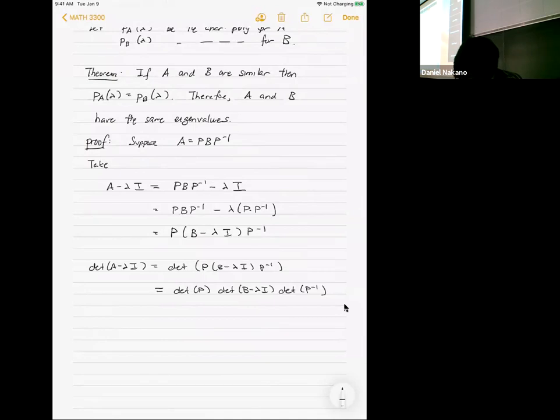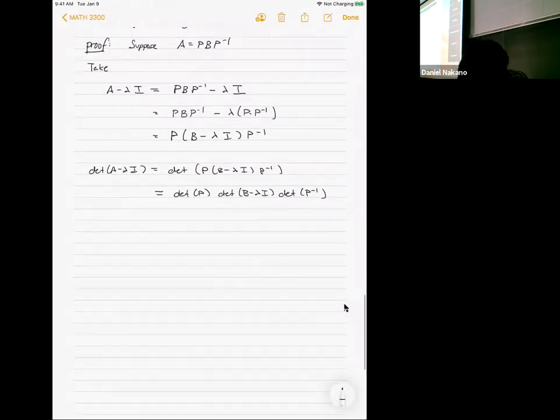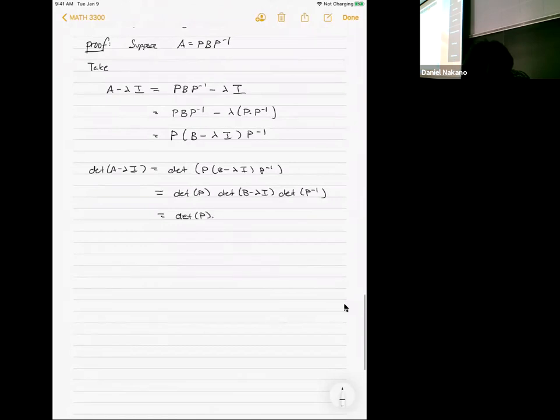Okay. So now I'm allowed to do this. So determinant of P, determinant of P inverse, determinant of B minus lambda I. And then this is the determinant of P times P inverse times the determinant of B minus lambda I. But P times P inverse is identity.